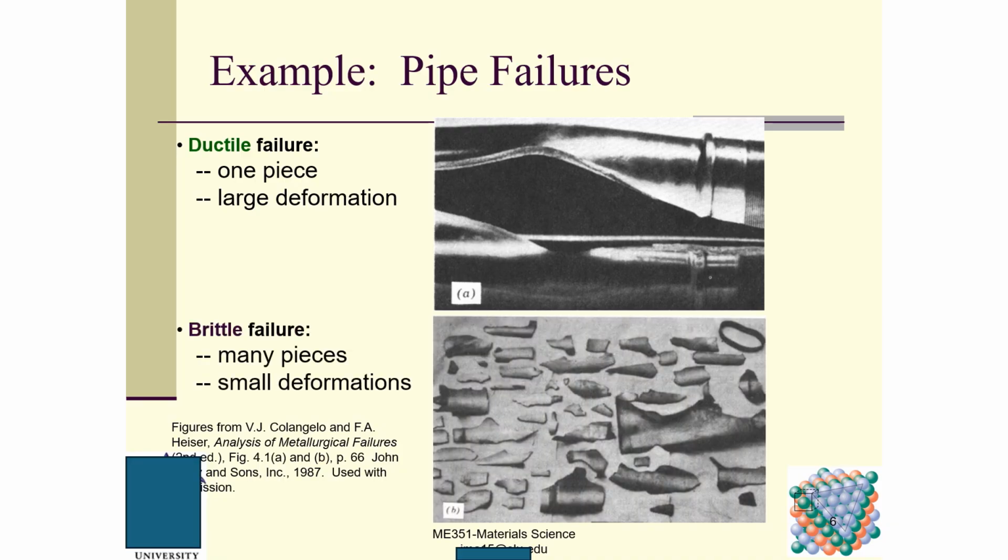For this brittle material, it breaks into many pieces, and they experience very small deformation, which means that they break very quickly when the load exceeds some threshold value. So this is very important. This is what we want to prevent. This is a scenario we don't want our specimen to experience.